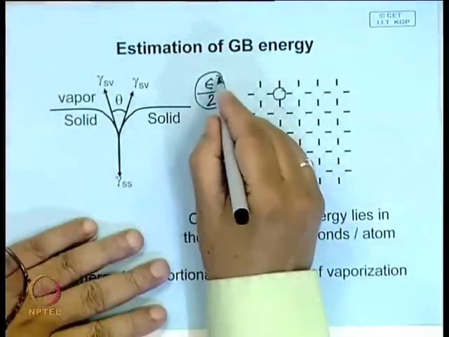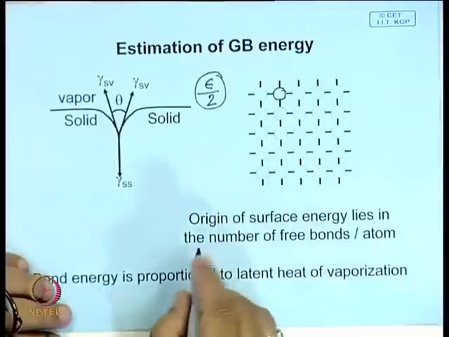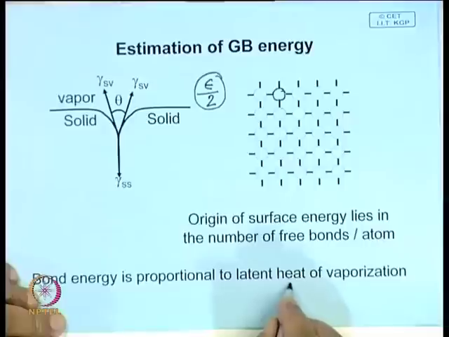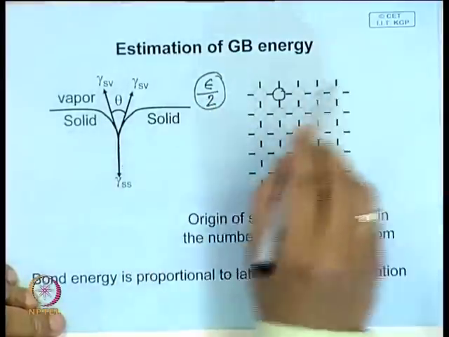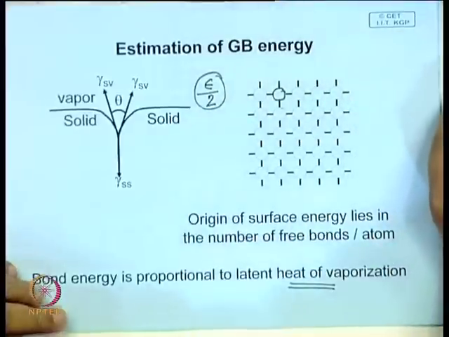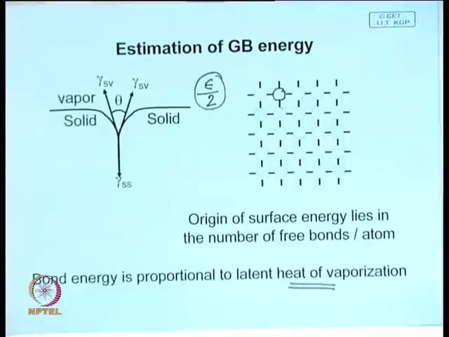So, this epsilon it is possible to calculate from the latent heat of vaporization, and this is how the grain boundary energies have been calculated.